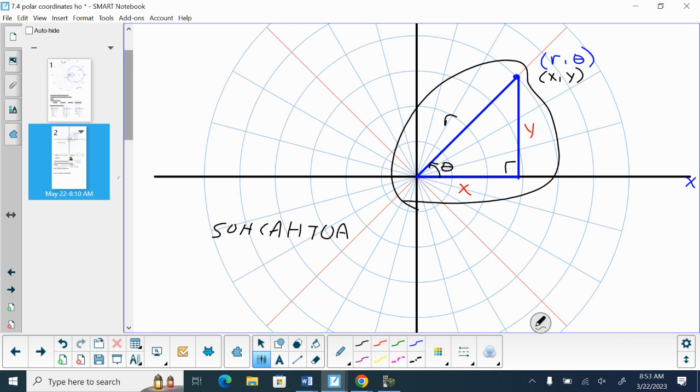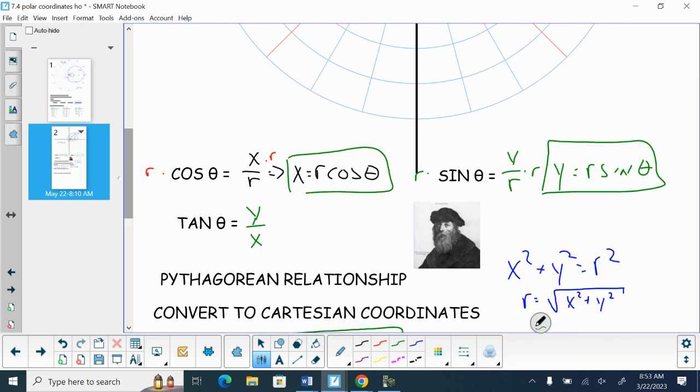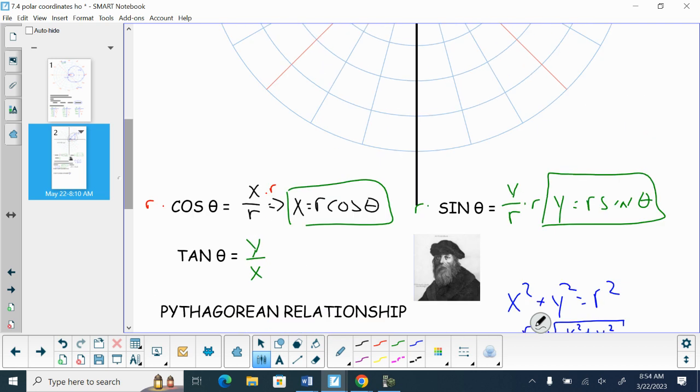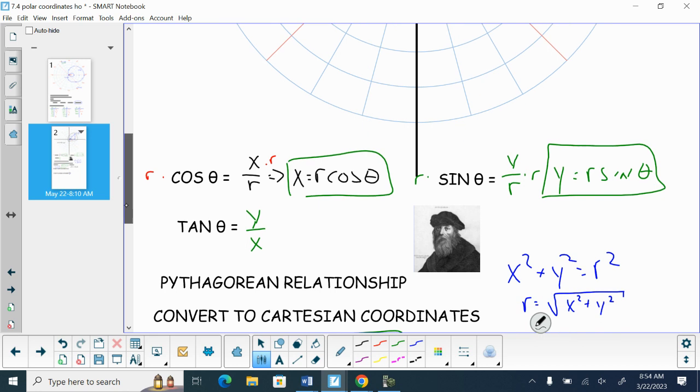I can go back to that triangle and come up with the values I need, rather than trying to memorize them. Now, if you use them enough, you'll remember x is equal to r cosine theta, y is equal to r sine of theta. But I always refer back to that triangle mentally to come up with these relationships.